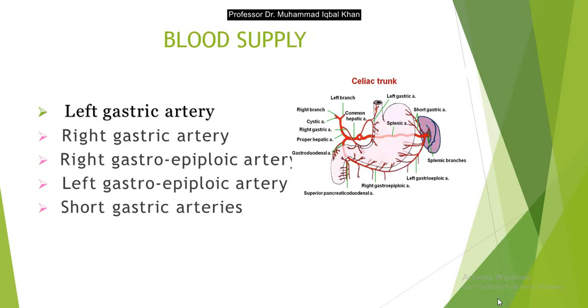Blood supply: the stomach is supplied by the left gastric artery, right gastroepiploic, left gastroepiploic, and the short gastric arteries. These are the common blood supplies, and this should be kept in mind.